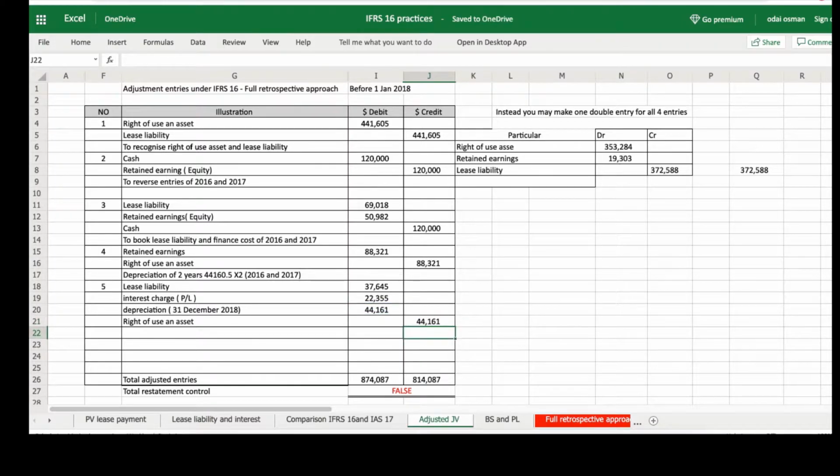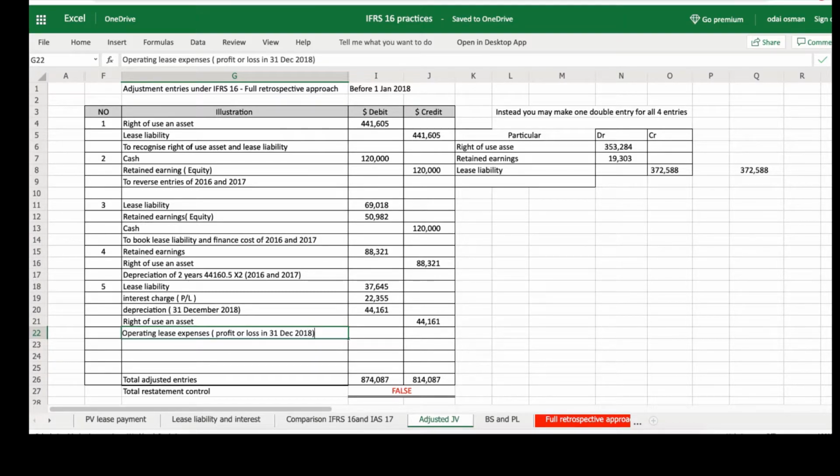And we do have, in the credit side, operating lease expenses charged to the profit or loss in December 2018.